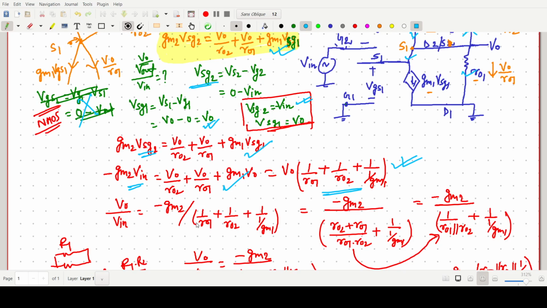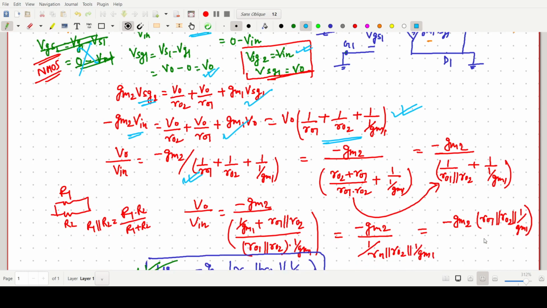So we have to write in that manner: V naught by V in is minus GM2 times 1 by R naught 1 plus 1 by R naught 2, and the inverse of that is simply the parallel combination of two resistors, so it is R naught 1 parallel with R naught 2. Similarly we can write R naught 1 parallel with R naught 2 parallel with 1 by GM1.